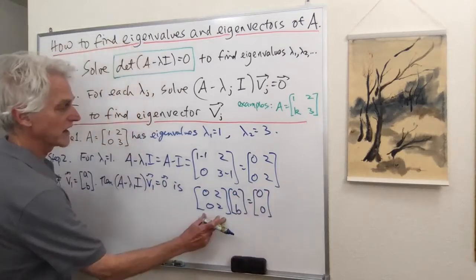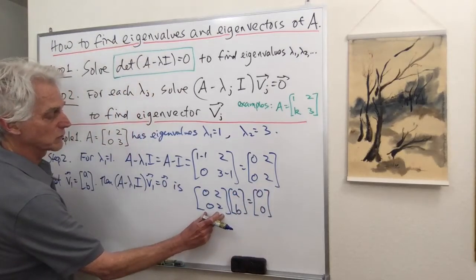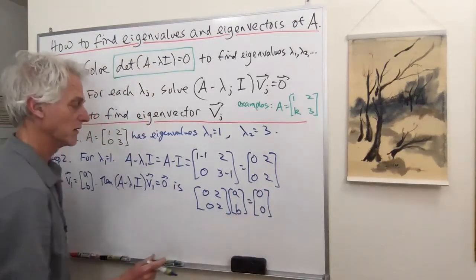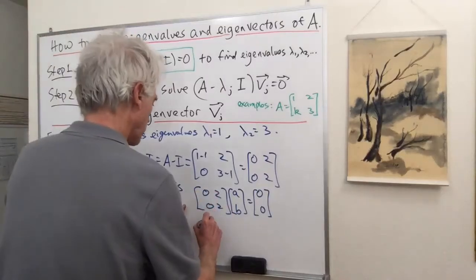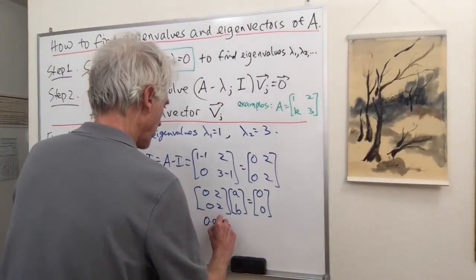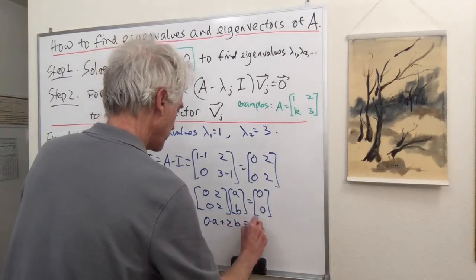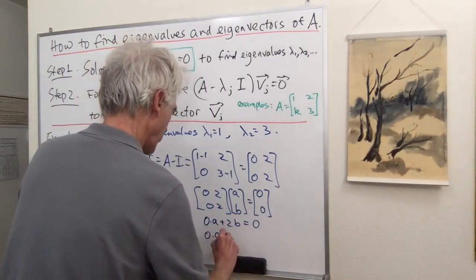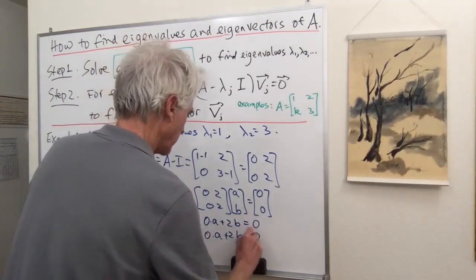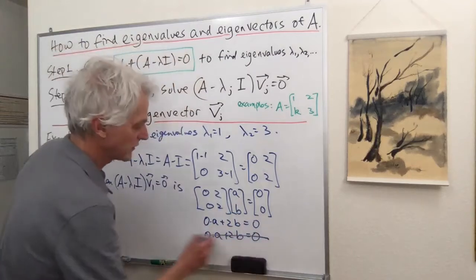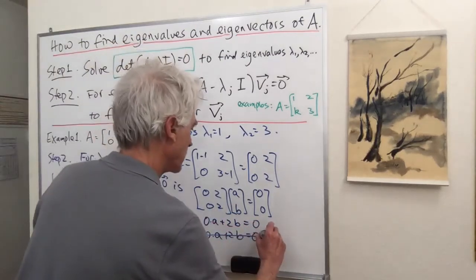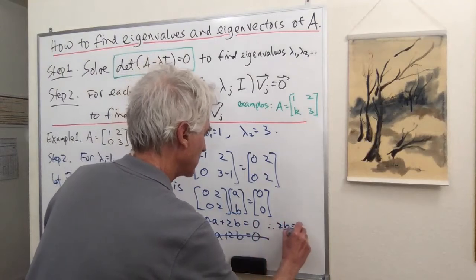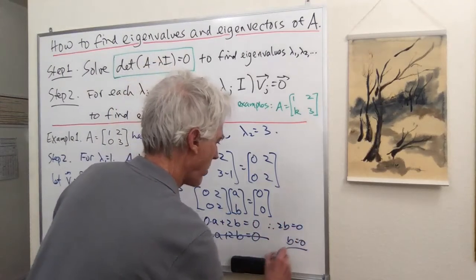So there's A minus lambda 1 I, there's V. Those two equations are 0 times a plus 2 times b is 0, and 0 times a plus 2 times b is 0. So this one I don't need, that's redundant. This is just saying that 2b is 0, or b is 0.